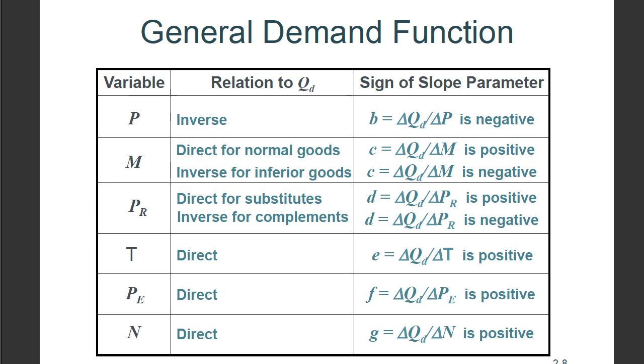So let's talk about those briefly. If preferences for the good increase, then the quantity demanded increases.